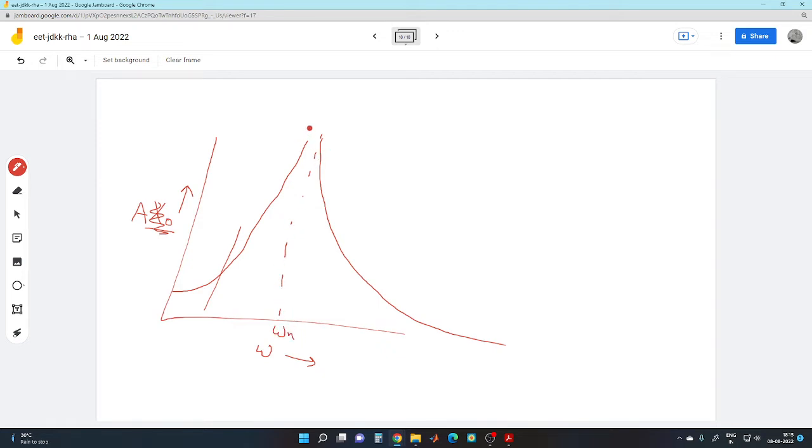This region is called damping dominated, which means that if our operating range is in this region, we can control the vibration much more efficiently using damping.